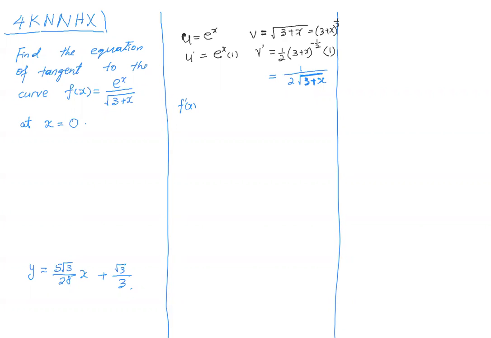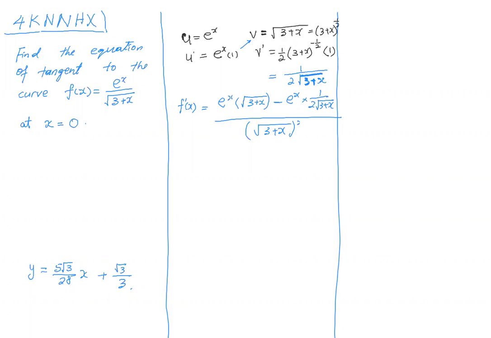So for this case, I just put in the formula: e to the power x times square root of 3 plus x, close, take away e to the power x times 1 over 2 square root of 3 plus x, the whole thing divided by square root of 3 plus x squared.